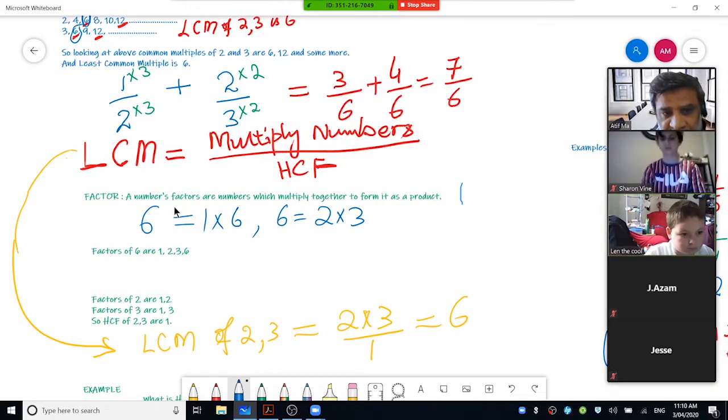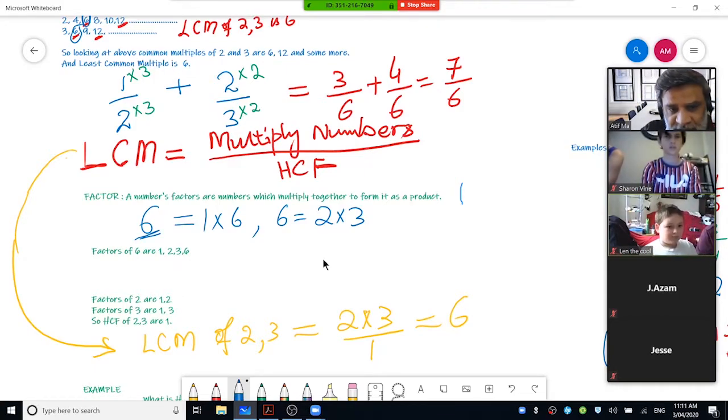The factors of a number are those by which, if you divide that number, you do not have a remainder. For example, if it is 6, 1 times 6 is 6, so 1 and 6 are the factors of 6.